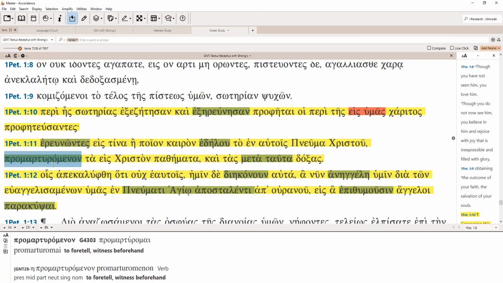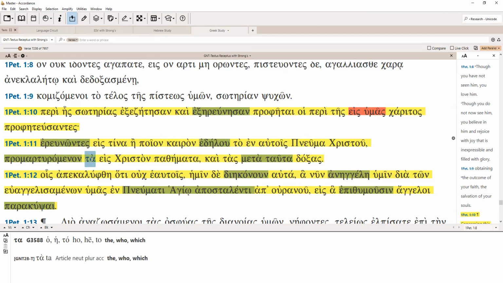So we have pro, and then we have marturomenon, which, if you know, has the meaning of witness, and pro has the meaning of before, so witness before. So we translate it as to foretell.